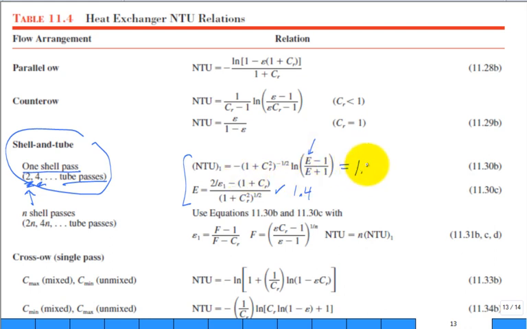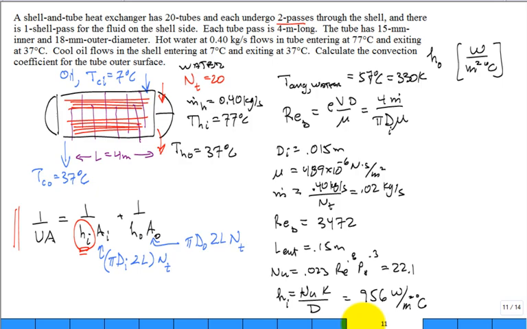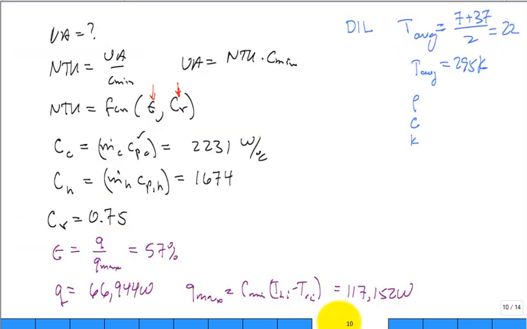And there it's 1.4334. Too many digits, but there you go. So that's how you would calculate the number of transfer units. One shell pass, two tube passes. So we calculate this to be 1.4334. That goes into here with the C min.